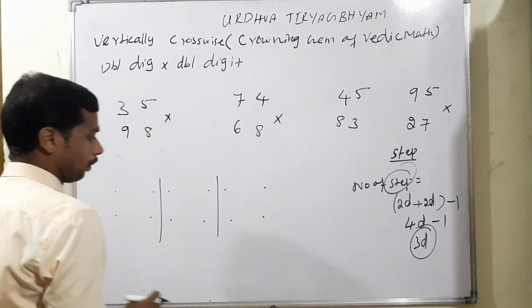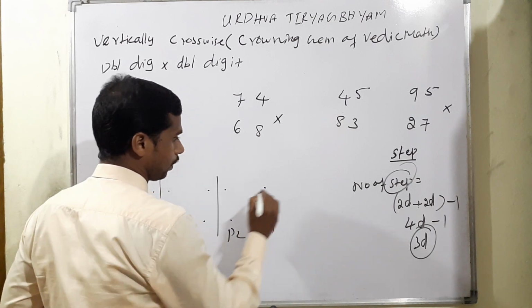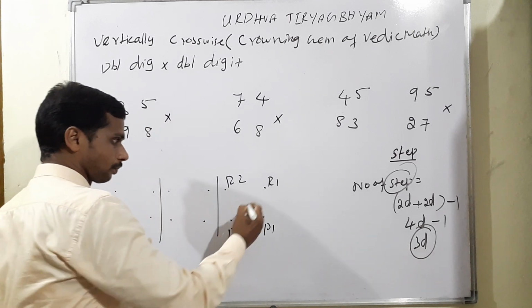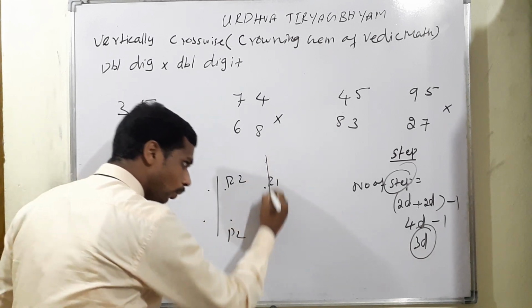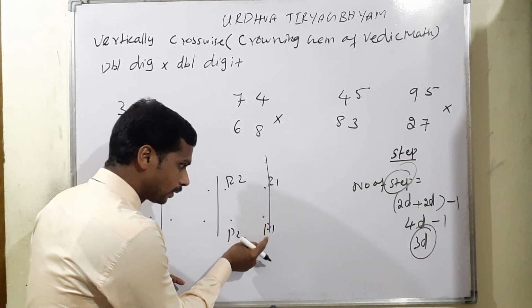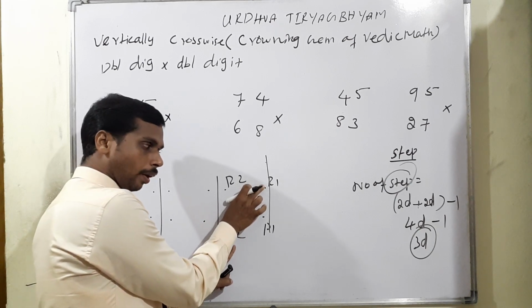So this is person 1, this is person 2. Consider room 1 and room 2. First, person 1 goes to room 1, and person 2 never comes into room 1.